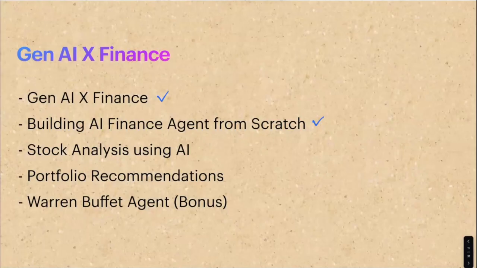So I'll show how you can create a basic finance agent with access to stock market data. Once we do that, we will do some analysis on the stock market. We will try to analyze some stock prices, compare them with AI. Then we will take our own stock market portfolio, and ask AI if there is any need for us to change our portfolio.